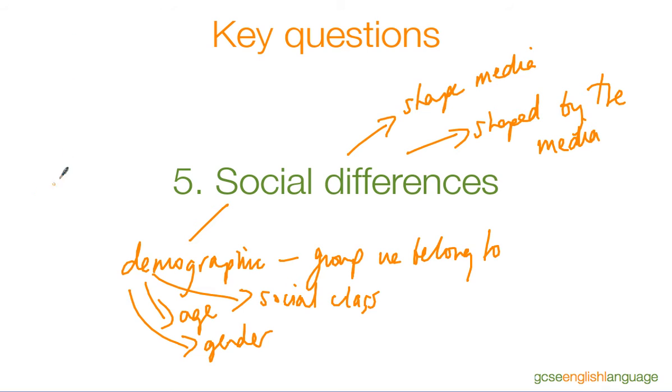You can have one newspaper article and it could be read in a very different way by different groups of people, depending on age, gender, social class, race, and so on and so forth. So the way in which our demographic, our social makeup, will impact on how we read a text.